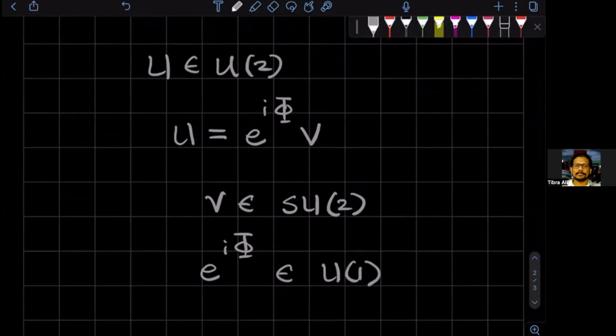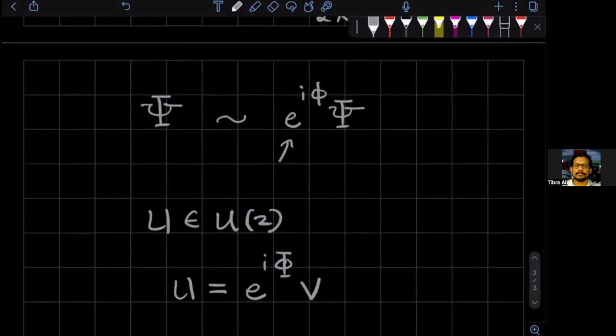So we can use the fact that our state has a redundancy in terms of a phase factor multiplying it.